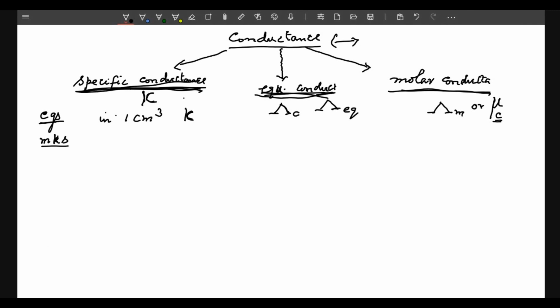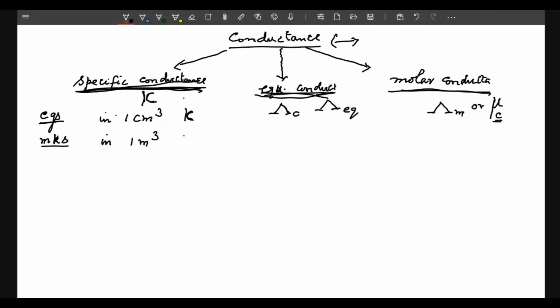Here it is defined as the conducting power of all the ions that are present in 1 meter cube of the solution. In CGS it is centimeter cube, but here it is given as 1 meter cube of the solution.